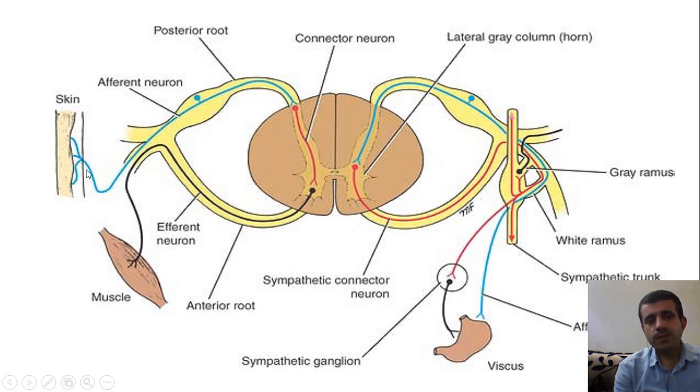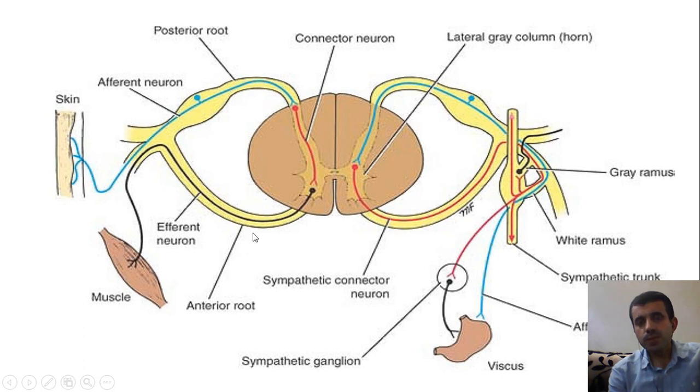This is skin. The afferent nerve will come from the skin and goes to the spinal cord, okay, and then the motor neuron, which is the efferent nerve, the motor nerve fiber comes out to the muscle.